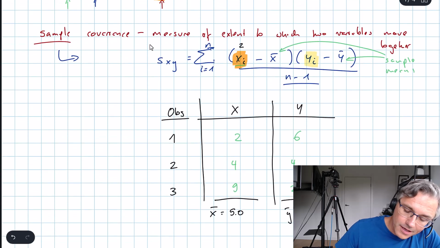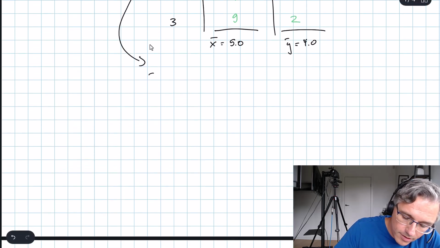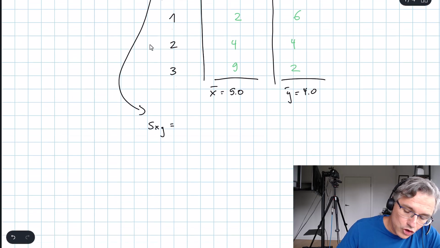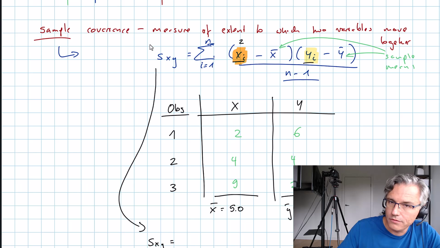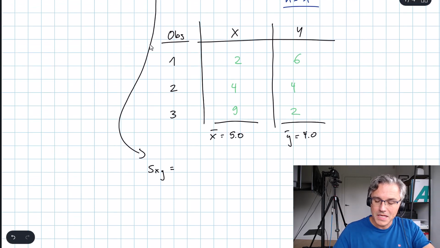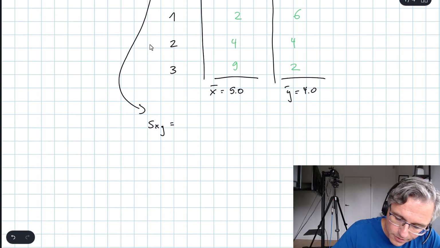Now let me attempt the actual computation of covariance, S x y. I'll take each value of x, each value of y, deduct the mean value, and then add them all up. Let's start with the first combination.